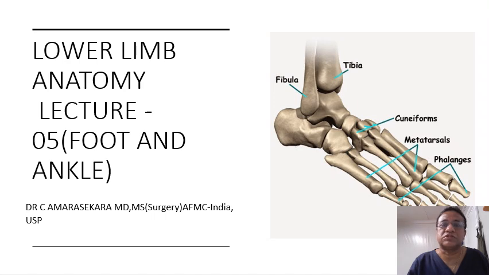Okay, now let's move on to lecture number 5 in our lower limb anatomy lecture series. Today we shift our focus to the foot and ankle, an area of remarkable complexity and clinical significance. It's a very important area because the foot and ankle form the foundation of weight bearing and locomotion.